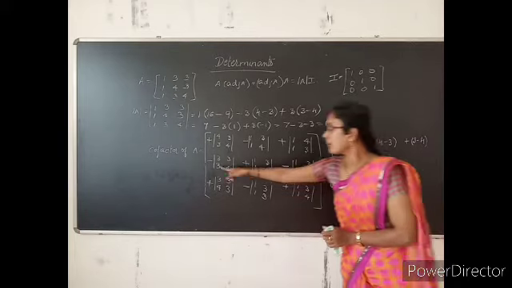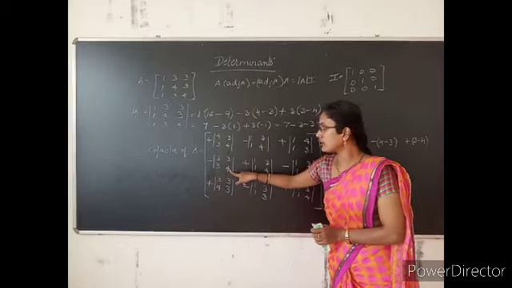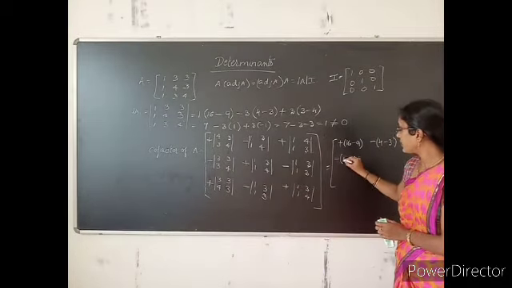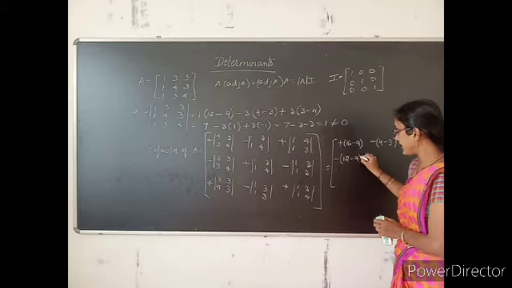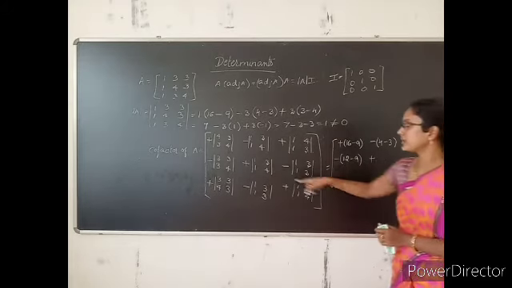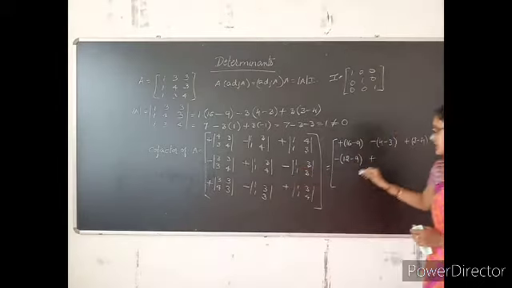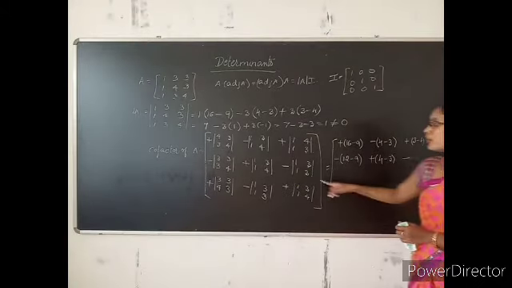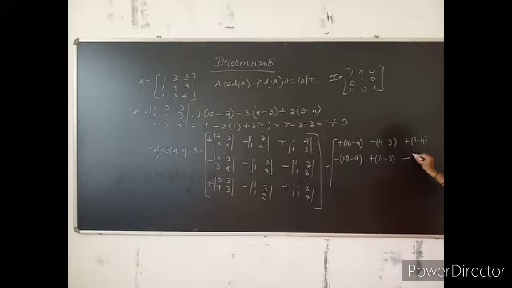Next one, minus of, again 3 into 4 is 12 minus 9, minus of 12 minus 9, plus 4 minus 3, minus of 3 minus 3. Leave some space here because these are separate elements. Don't add these terms here. You must get finally a 3 by 3 matrix here.